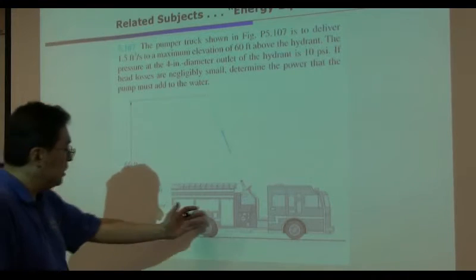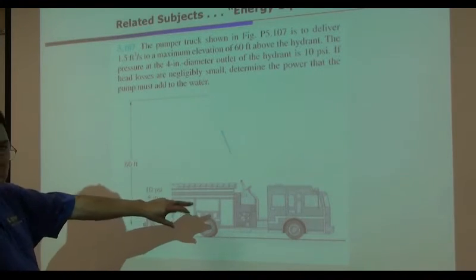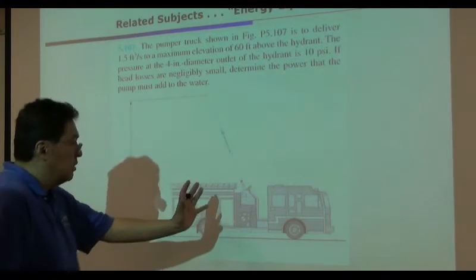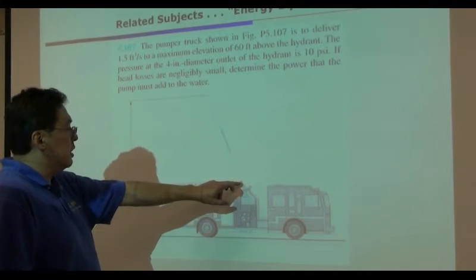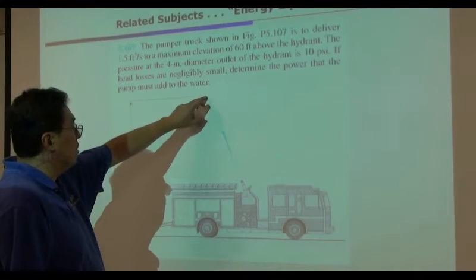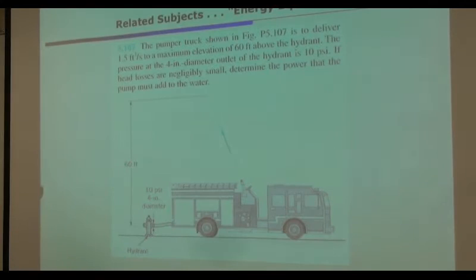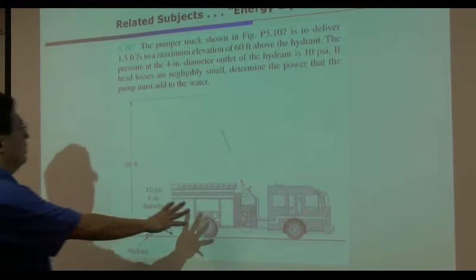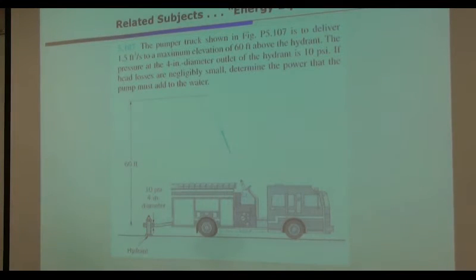This is going to feed the water into this pump. The pump adds more energy, creating enough pressure here to shoot the water up about 60 feet. Okay. Now, if head losses are negligibly small, this problem says let's just for a moment ignore the head loss. Let's determine the power that this pump must add to the water.